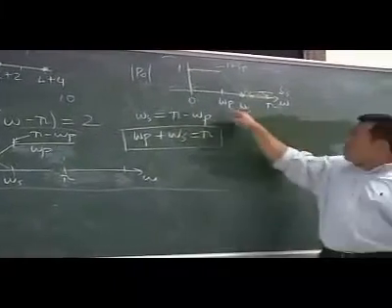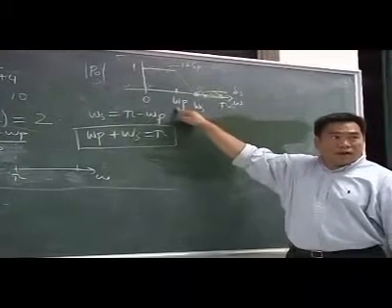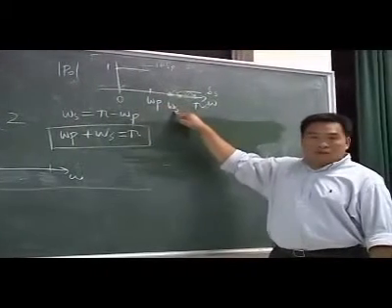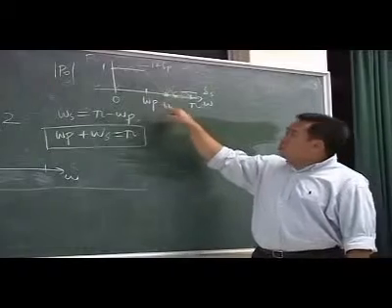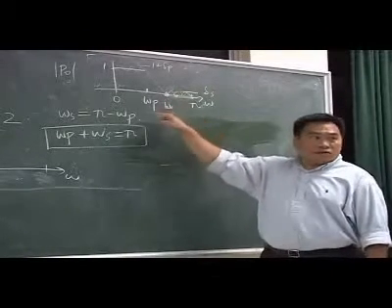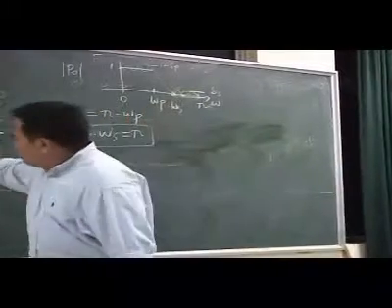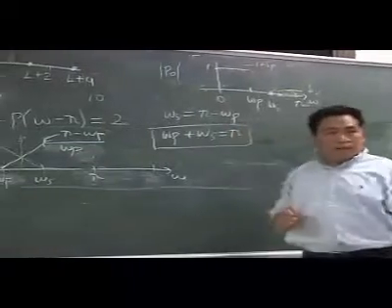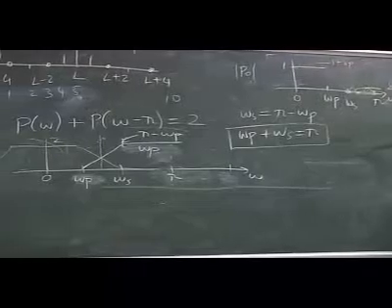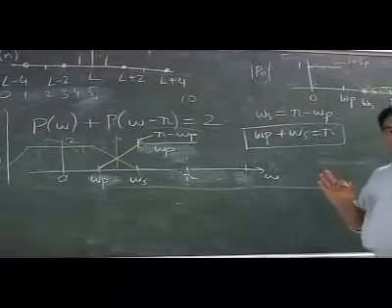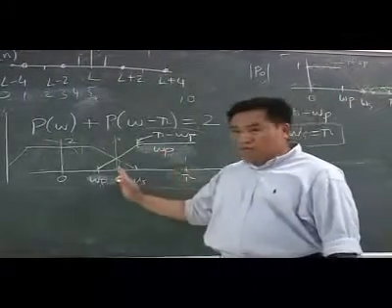If 0.4 is the pass band cutoff, and 0.6 is the stop band edge, and this is 0.3, 0.7, and so on, they have to be symmetric around pi over 2. And this is why you call it half band, because the symmetric point is at pi over 2.